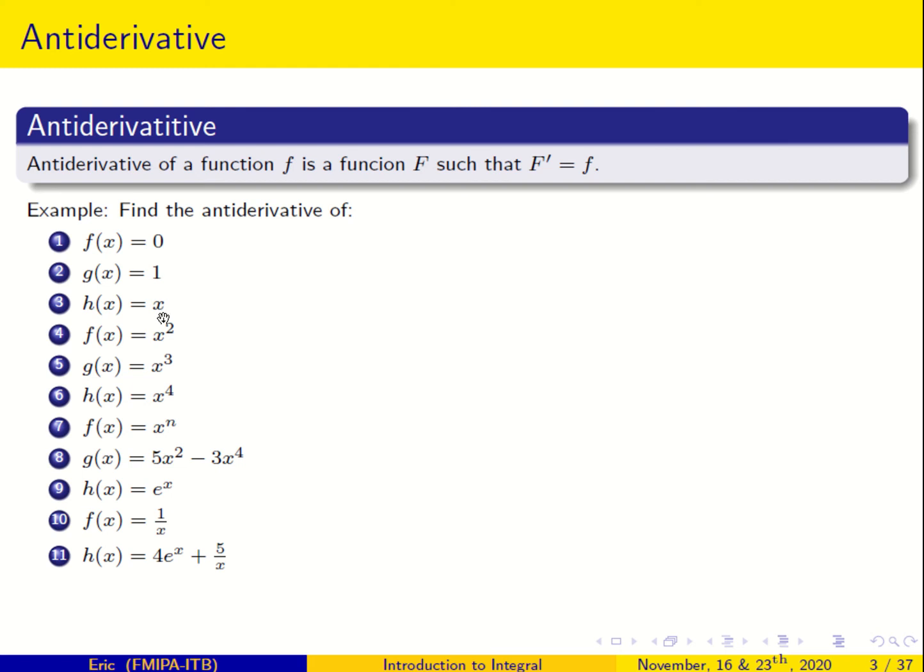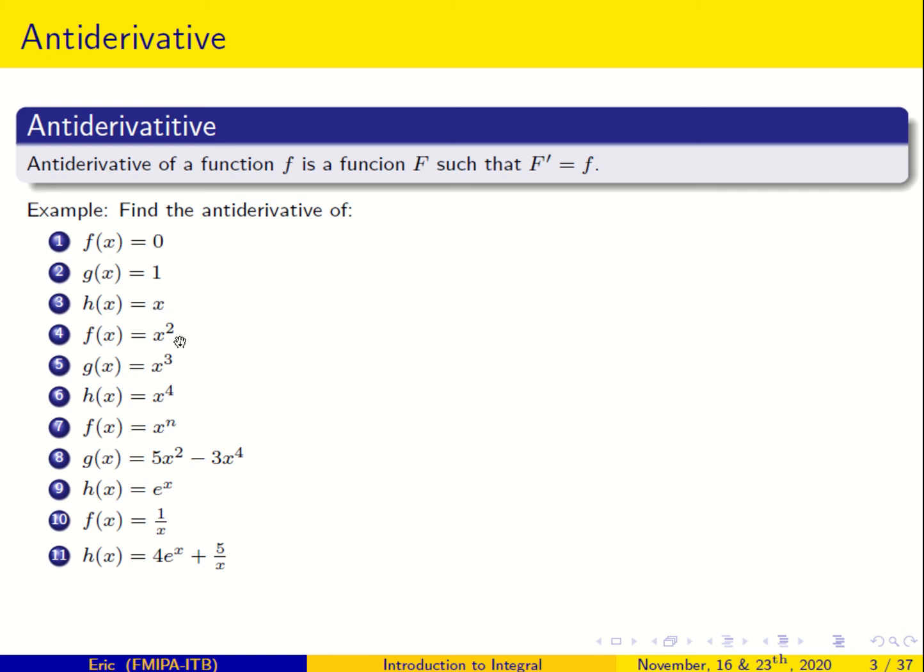What about this one? Can you guess? What is the antiderivative of x? It's not x squared, because the derivative of x squared is 2x. So the antiderivative is given by a half x squared.